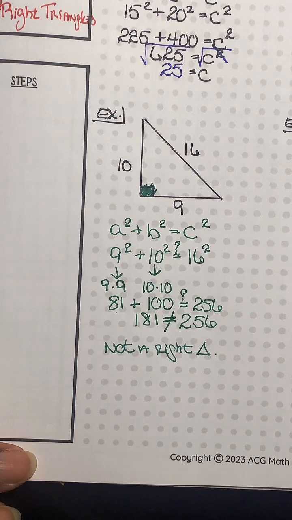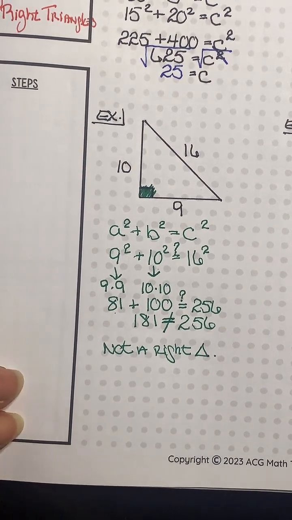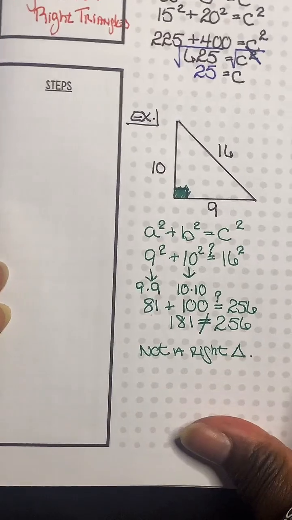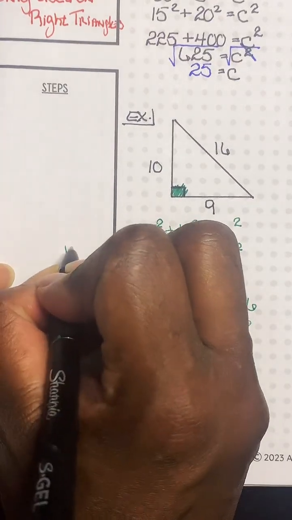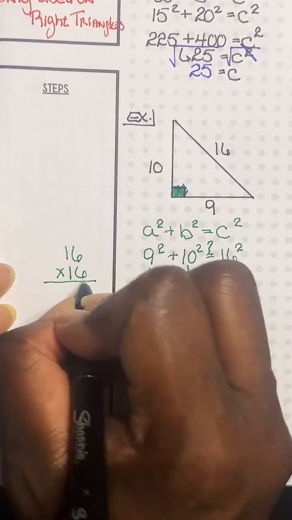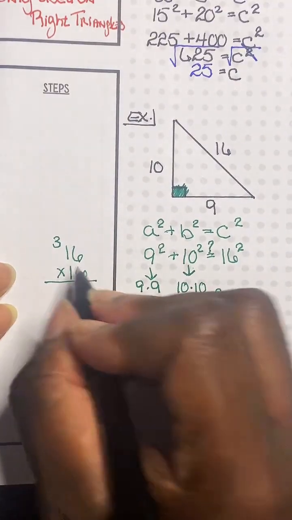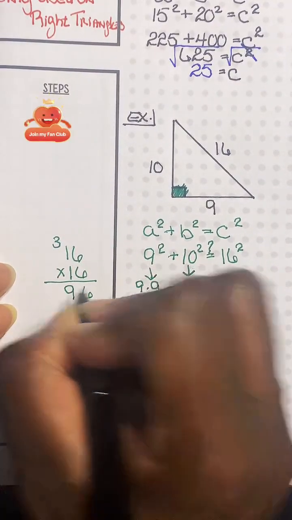How did I get 256? 16 times 16. So I'll put it over here. You have your 16 times 16. 6 times 6 gives me 36. Carry the 3. 6 times 1 is 6, plus 3 is 9.